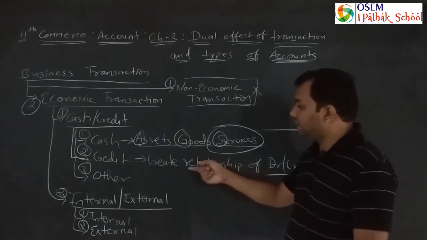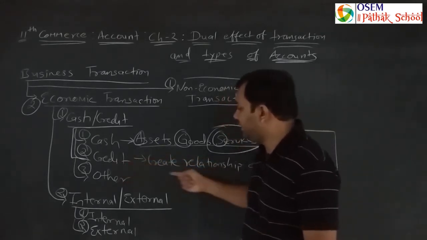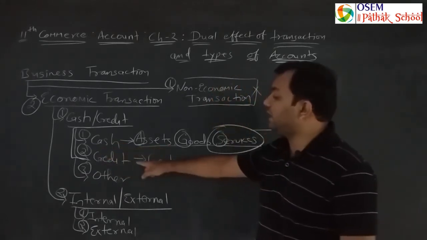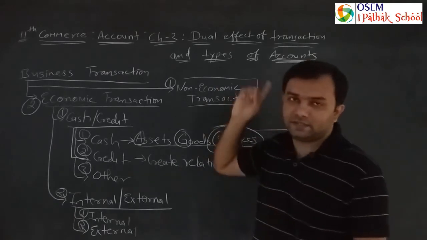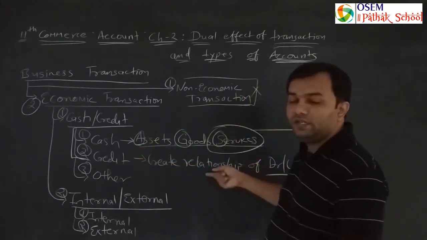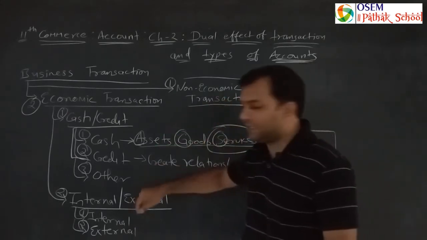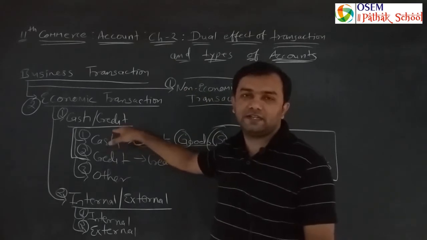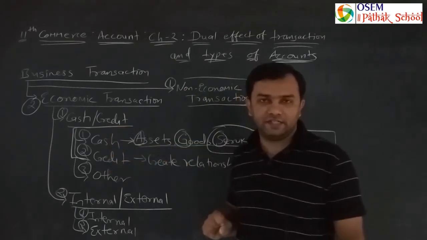But that particular transaction is not called a credit transaction because cash is received. The credit transaction was incurred in past, as we have discussed, and right now we are receiving or paying the cash. So it is a cash transaction, not a credit transaction.